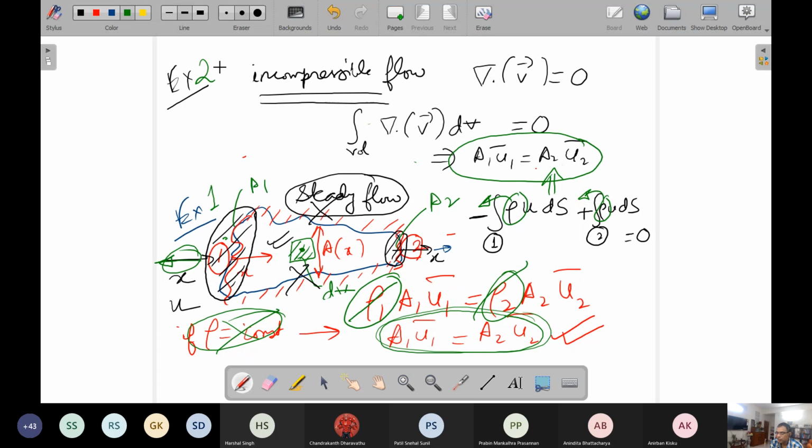Can any one of you speak out? Both are valid at the end conditions only, 1 and 2 only. We are writing at 1 and 2 only, not at other places.